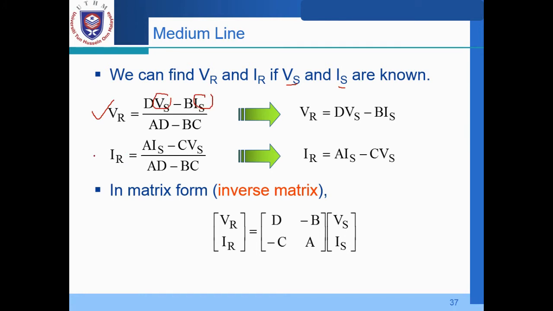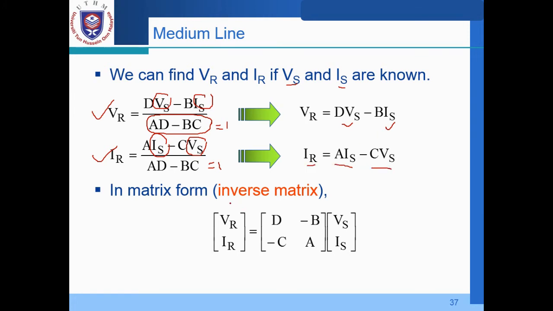Similarly for IR, rearrange the equation so you may get the relationship in terms of IS and VS. Rearranging again, VR equals D VS minus B IS, because you know that the determinant of the matrix is equal to unity, equal to 1. So we leave VR equal to D VS minus B IS, and IR equal to A IS minus C VS.